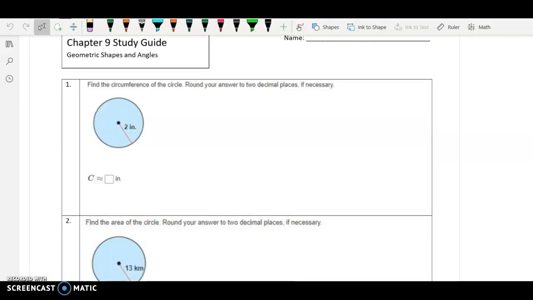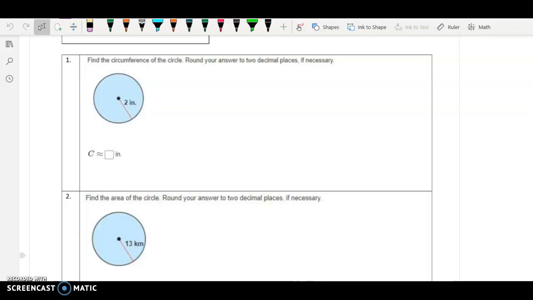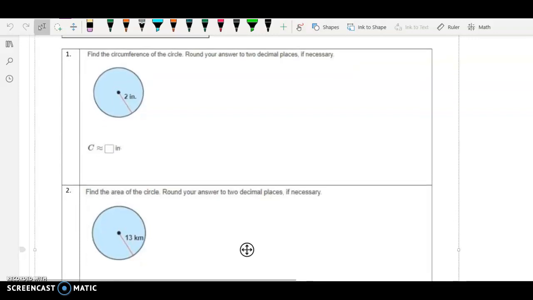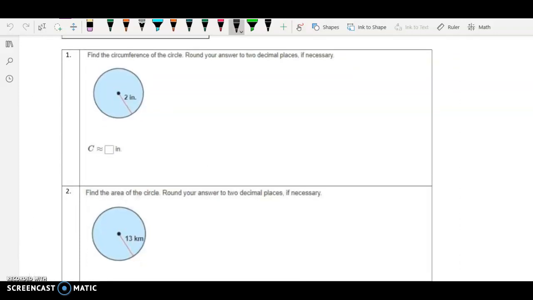So find the circumference of a circle, round your answer to the nearest hundredth. So we are finding circumference, and remember, for circumference we use C equals diameter times pi, or C equals 2 times your radius times pi. They gave us the radius, so this is R, so we're going to use this formula.